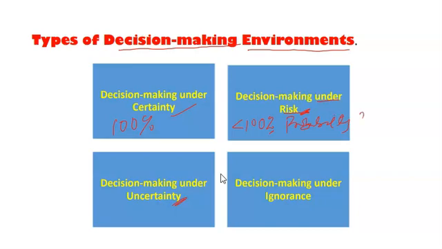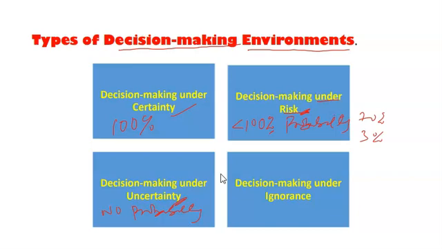It may turn out 70% to be true or 30% to be false. While under uncertainty, you cannot attach probability, no probability of occurrence.